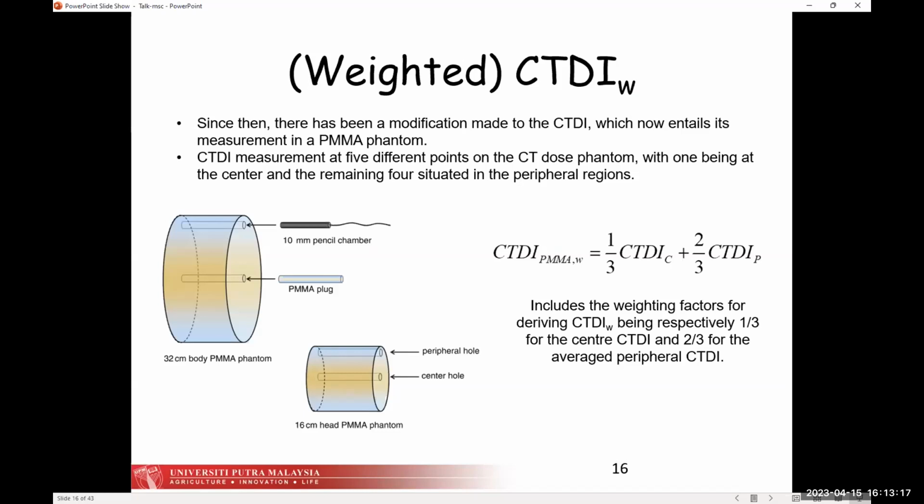Then we include weighting factors to derive the weighted CTDI: one third to the center CTDI and two thirds to the average peripheral CTDI. So what we get is a weighted CTDI value.